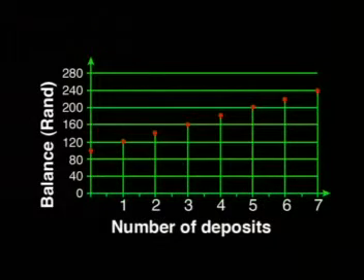But in any calculation, we need to make sure that our solution makes sense in that specific context. Now, what do I mean by context? Well, we need to go back to that specific situation. What was this formula describing? We considered a bank balance in terms of deposits that were made. In this case, we used discrete points.